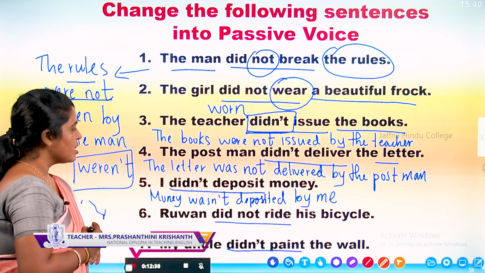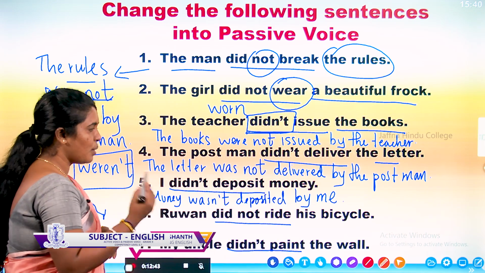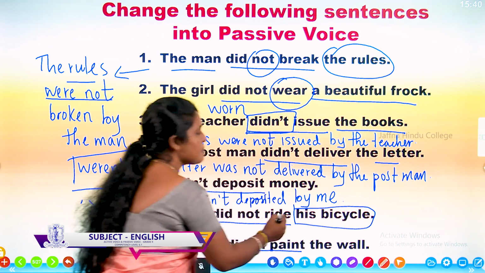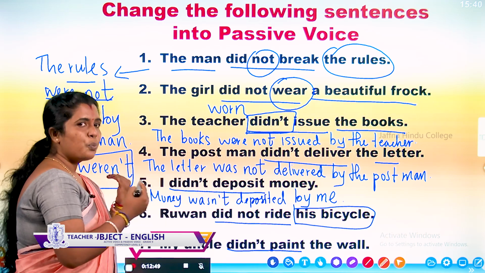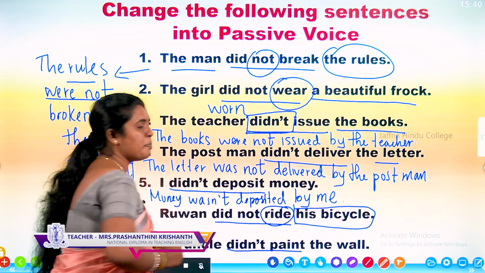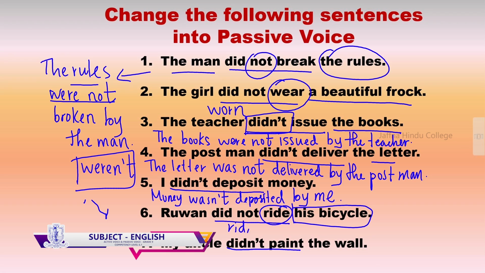Number 6. Ruan did not ride his bicycle. So as usual you have to take the object. His bicycle wasn't. Ride. What is the past participle form of ride? Ridden. Okay. Ridden by Ruan. Ruan is the doer. So by Ruan.